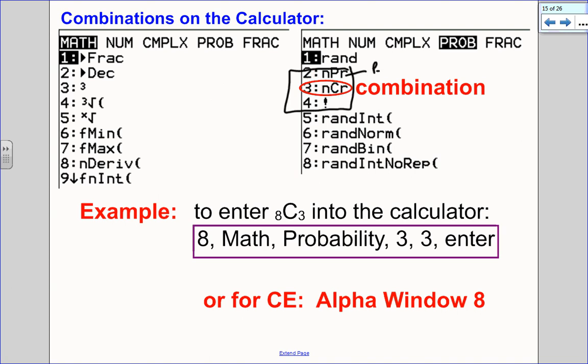So this was our permutation, this was our factorial, and right in between those, option number 3 is the combination. So that's how you enter it into your calculator. For those of us that have the color calculator, we can use our alpha window. So alpha window 9 was the option for factorial. Alpha window 8 will be your option for combination.